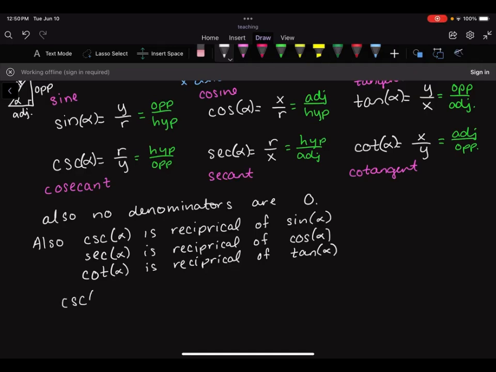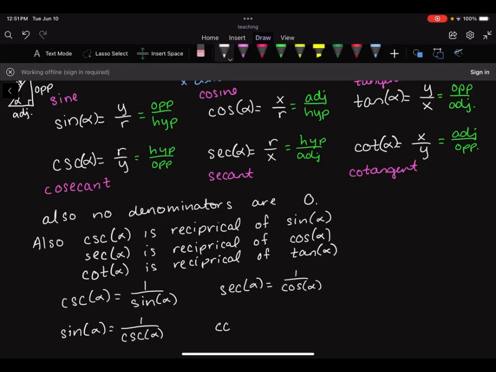So cosecant of alpha is also equal to 1 over sine of alpha. You could also write it as sine alpha is equal to 1 over cosecant alpha. Secant of alpha is equal to 1 over cosine of alpha, or we could write that as cosine of alpha equals 1 over secant alpha.